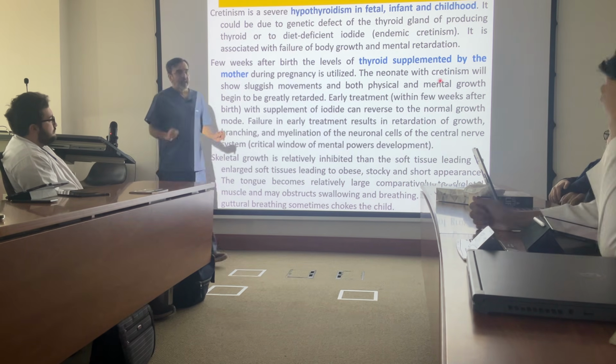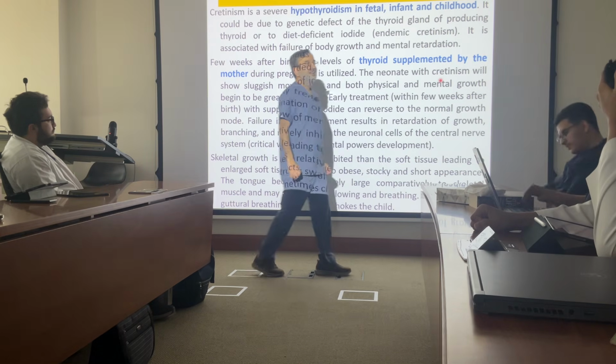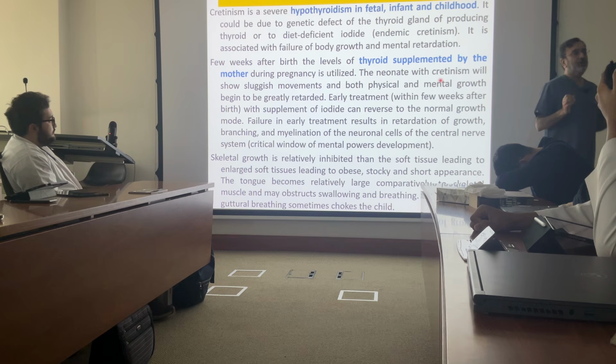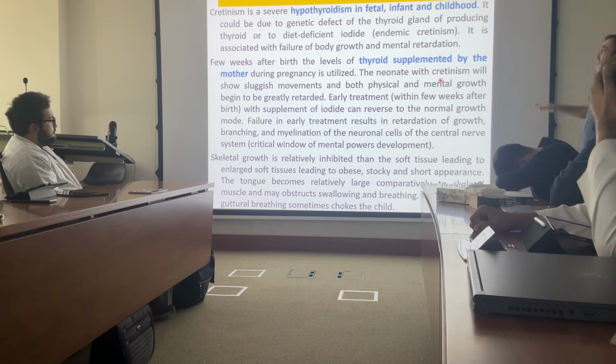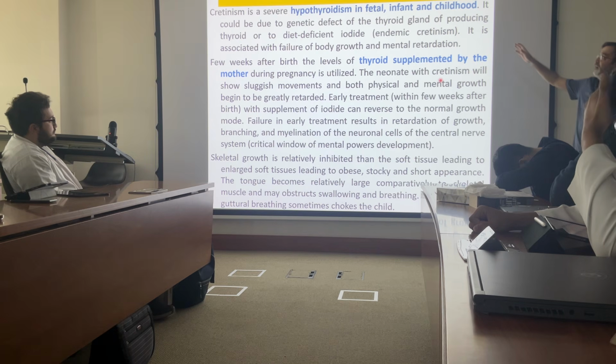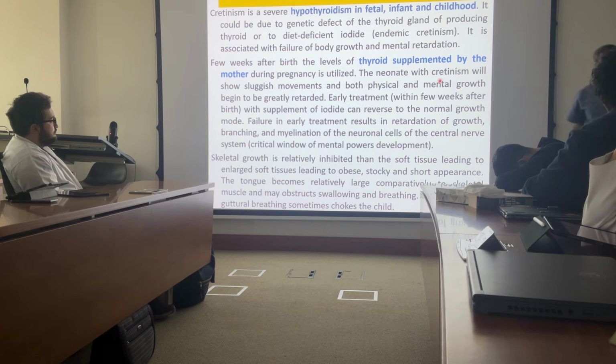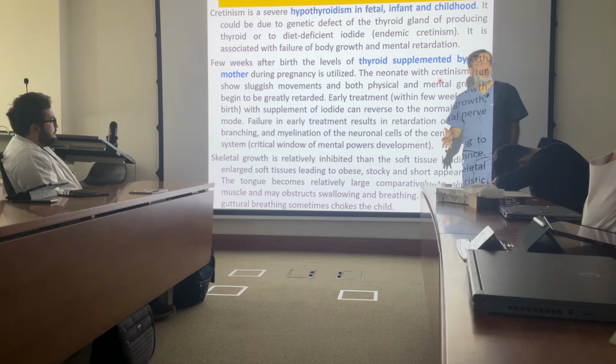Cretinism: as I said, when children are born, we check thyroid hormone because it is important for the maturation of the brain. If there is a deficiency of thyroid hormone in fetal life, infant life or childhood, you have a condition called cretinism. In cretinism, there is mental retardation.